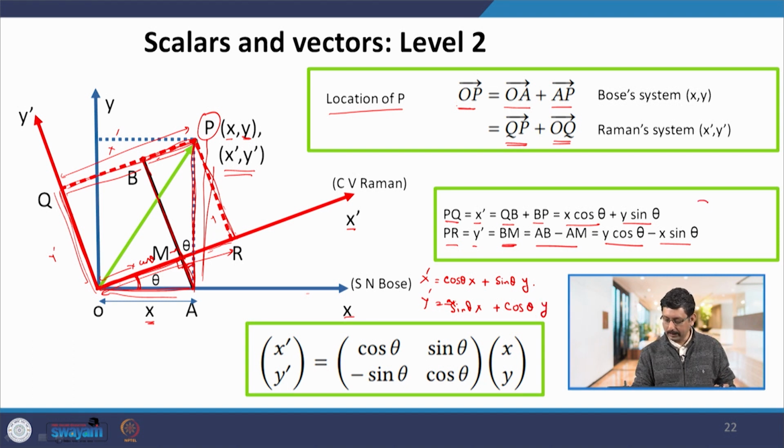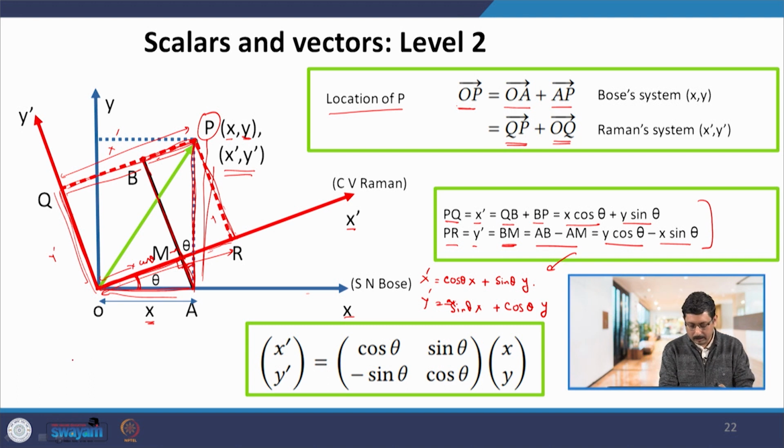So, I am writing the same equation here, just in a slightly different way, because if you use a matrix notation, so some of you may be familiar with the matrices. So, I can immediately write this in a very beautiful way using matrix notation.